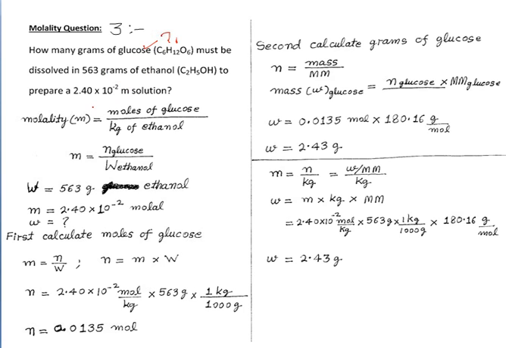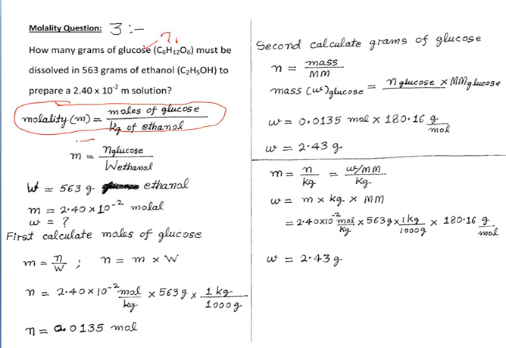So to solve this question we have to remember the molality formula first. Molality of any solution will be moles of solute, which is glucose here, divided by kilograms of solvent, which is ethanol here.